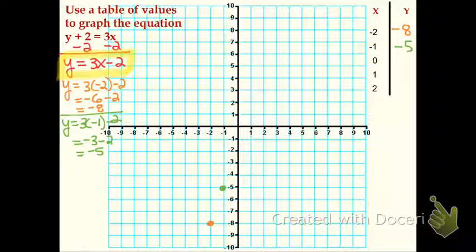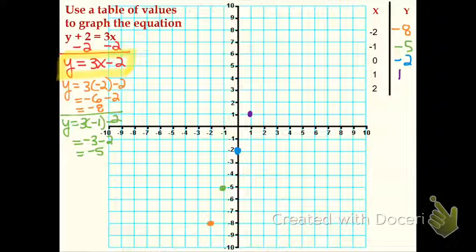So next, when I plug in a 0 for x, 3 times 0 is 0, and 0 minus 2 is -2. So I plot the point 0, -2. And then when I plug in a 1 for x, 3 times 1 is 3, 3 minus 2 is 1, so I plot the point 1, 1.